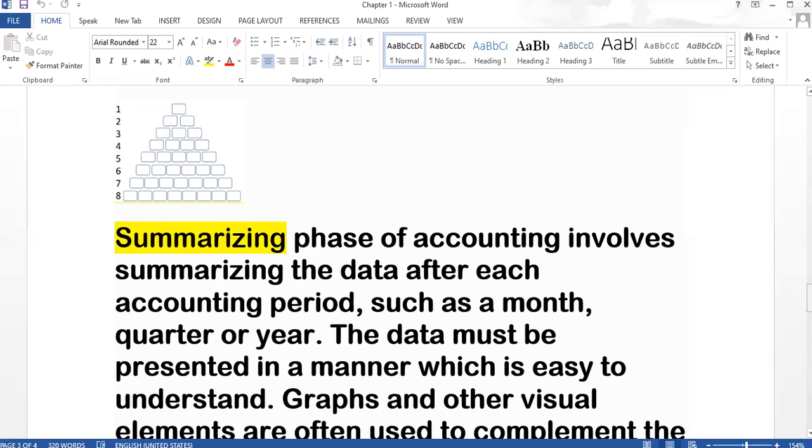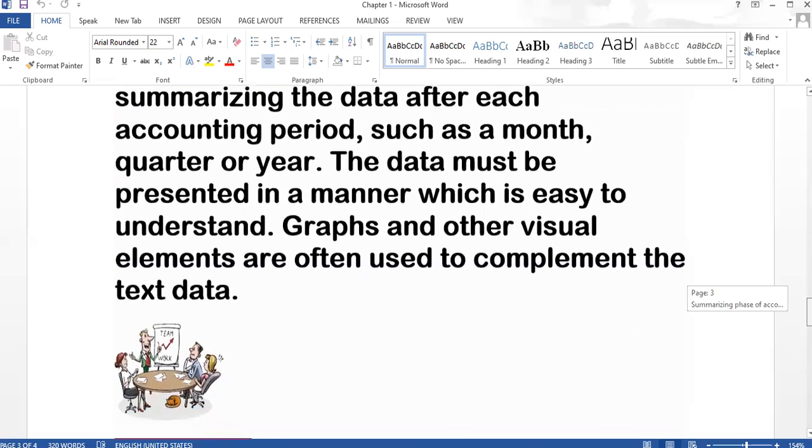The data must be presented in a manner which is easy to understand. Graphs and other visual elements are often used to complement the text data. So you have to summarize the data.